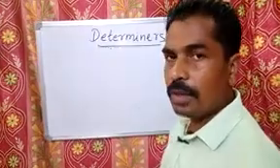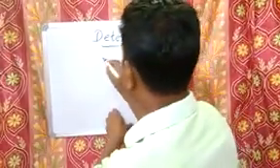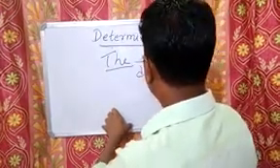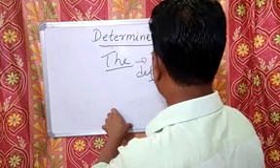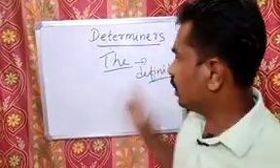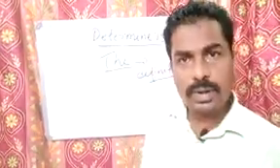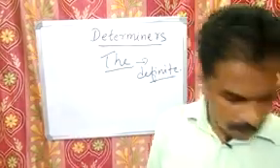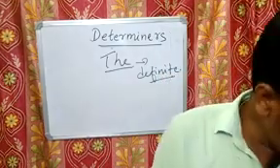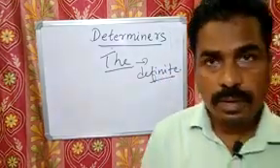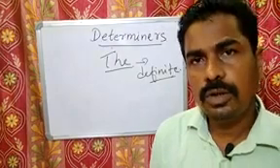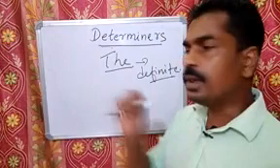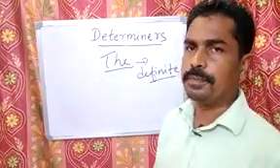Now we are going to talk about the third article, which is the. It's also called the definite article, because when you talk about the, it talks about a definite thing, not anyone. When you say the, you point at a particular thing.